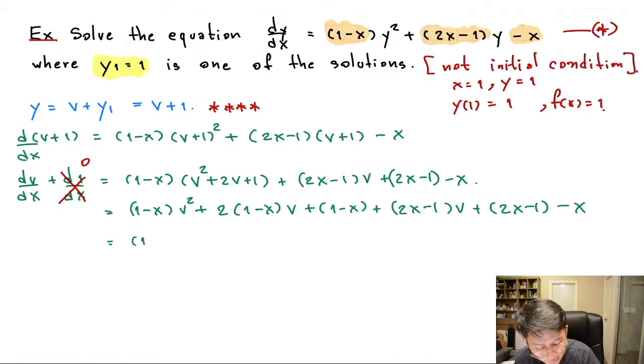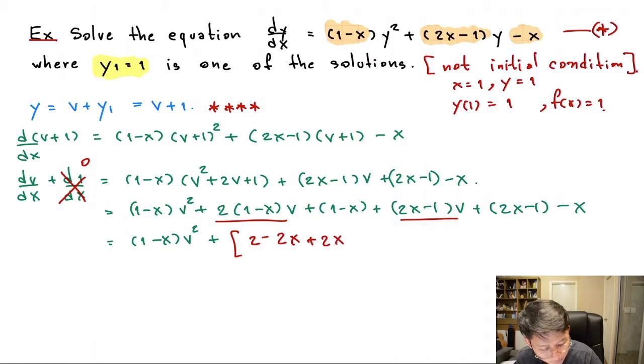This is (1 minus x)v squared. For these two terms, I'll take the sum: 2 minus 2x plus 2x minus 1, times v. This guy is 2 minus 2x, and this is 2x minus 1, times v. Plus 1 minus x plus 2x minus 1 minus x.